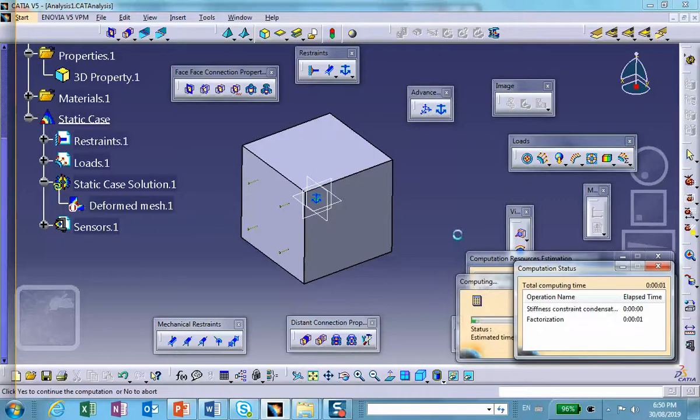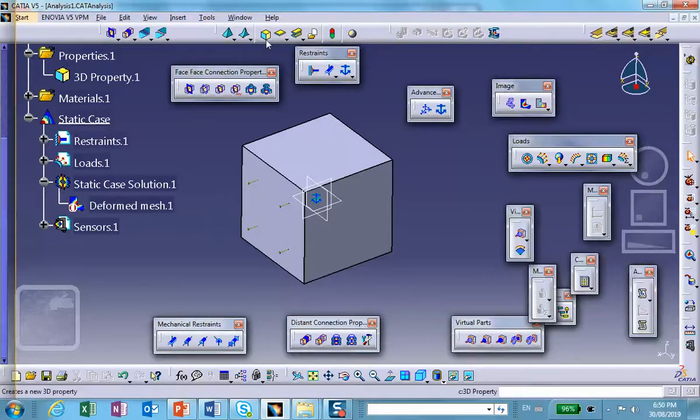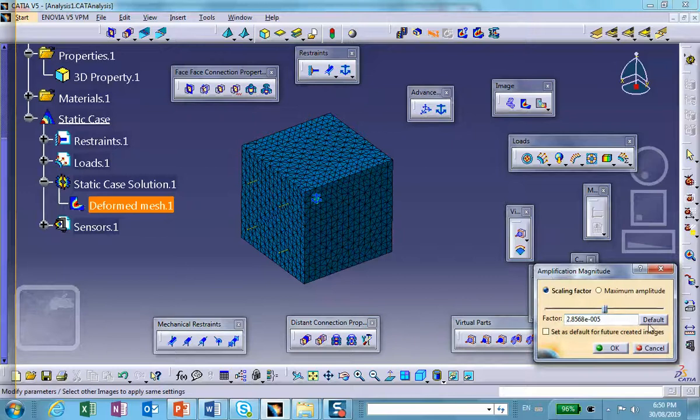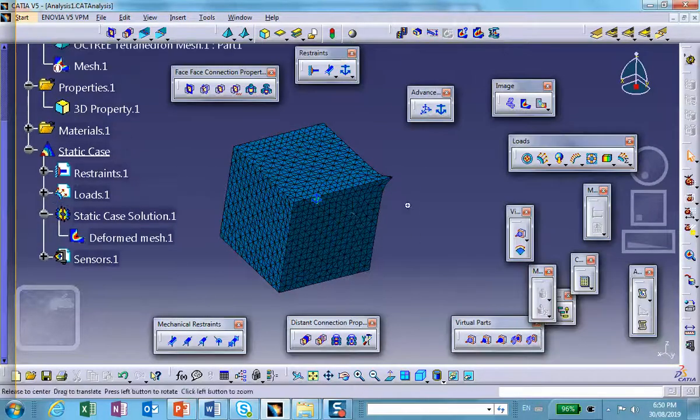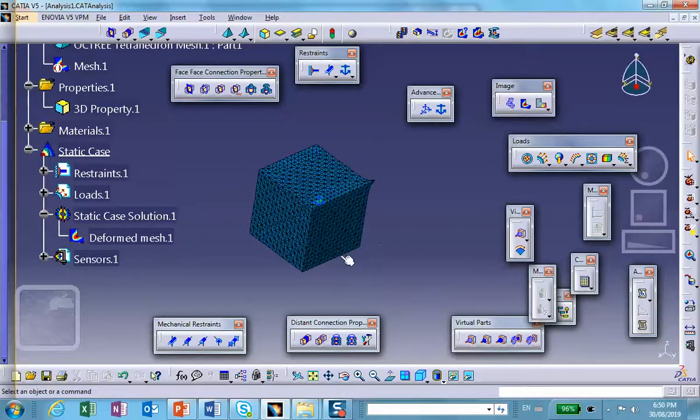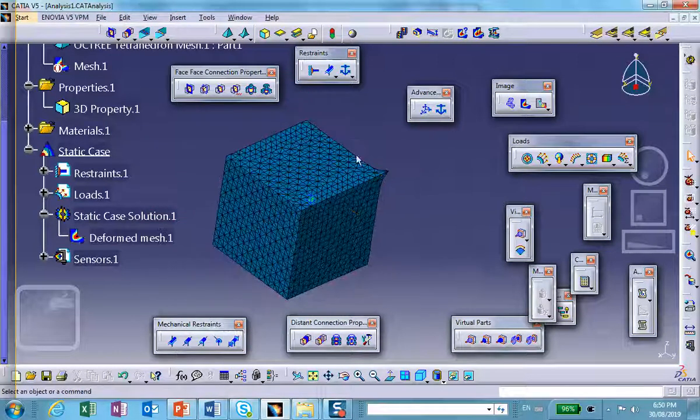All right, let me plot the deformation, but I have to reset the scale. Where's the scale here? Reset the scale. There we are. Notice that it did run, but what happened? Look at this corner, by the way. What's going on here? First of all, let's also look at the stress.